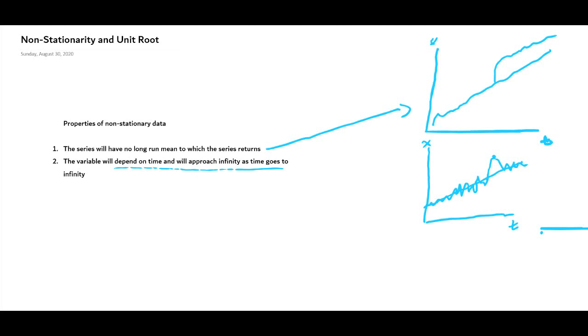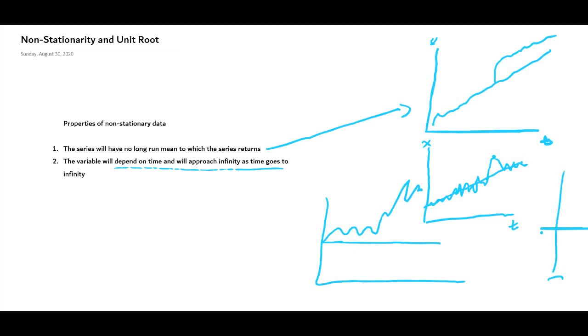It has no constant variance, and its variance as time proceeds may increase over time, or we may not be able to find it. For example, this is our long run mean value, but the time series data continues to increase over time. Its variation over a long time will be infinite. We may not be able to measure that variation.